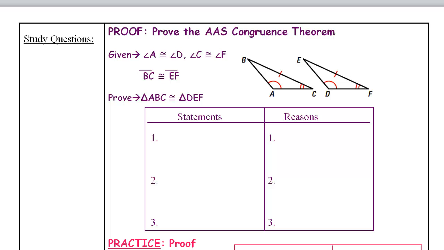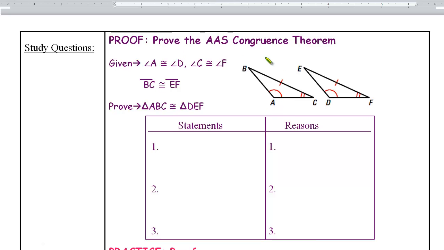So let's look at a simple proof, a short proof here, to show that two triangles are congruent. So I see my two triangles. Again, using a little color, I see that this leg is congruent to that. I see this angle is congruent to that angle, and this angle congruent there.